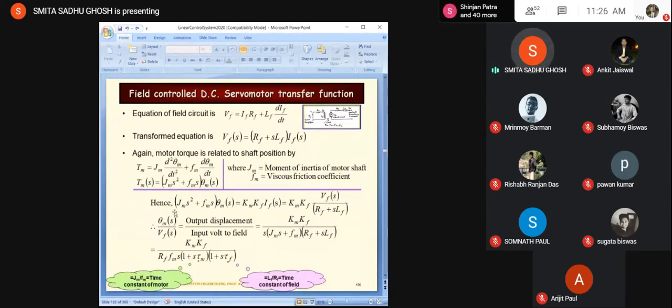So theta m(s) by Vf(s), that is the output displacement to the input voltage to the field, is given by Km Kf divided by (Rf plus s Lf), and then you have the (Jm s square plus Fm s). So s has been taken common and you have (Jm s plus Fm). So this is what we have got as the transfer function of the field control DC servo motor.